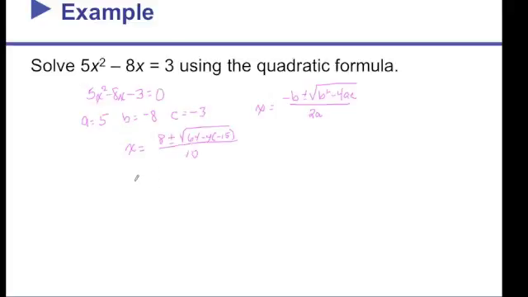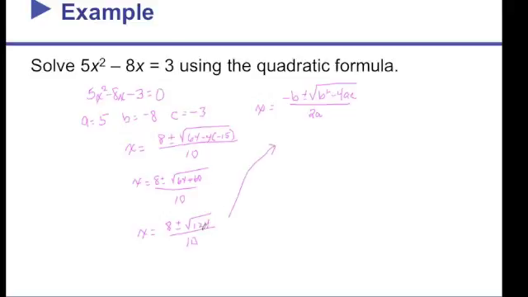Simplifying this, we'll find x equals 8 plus or minus the square root of 64 plus 4 times 15, which is 60, all over 10. Further simplifying, x equals 8 plus or minus the square root of 124 all over 10.